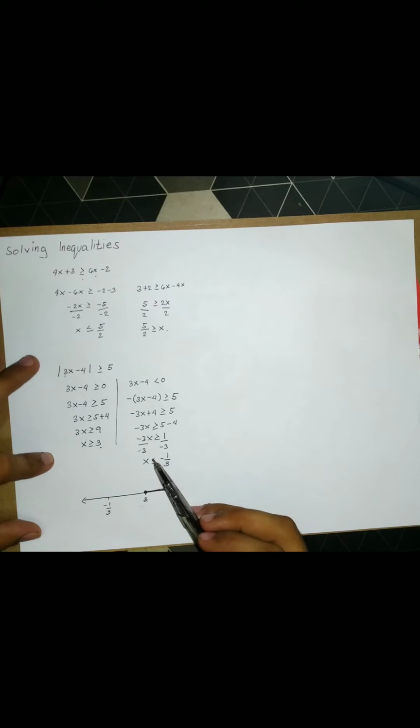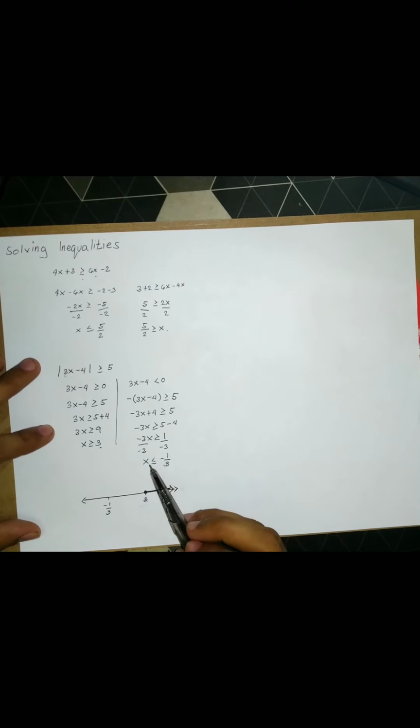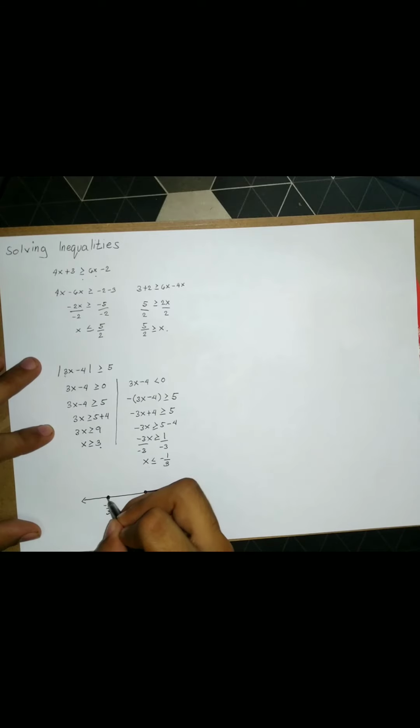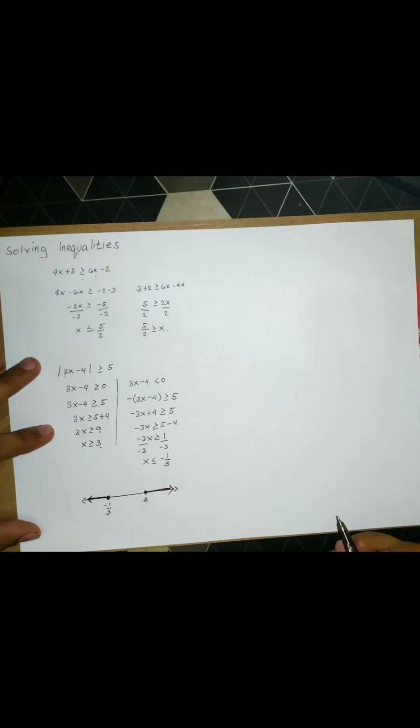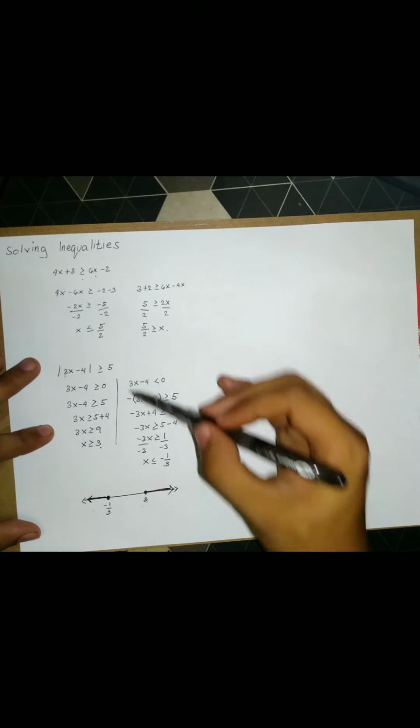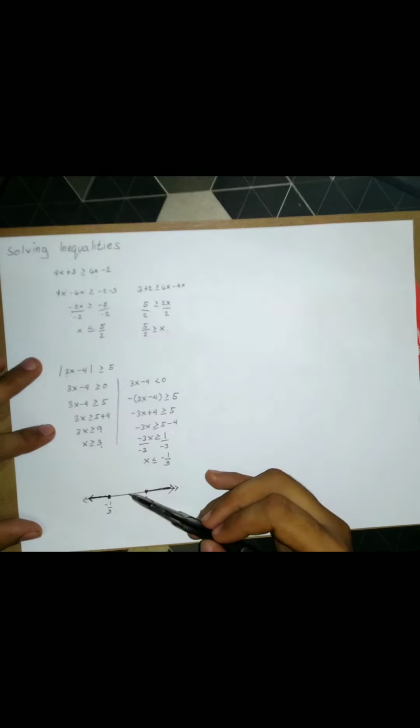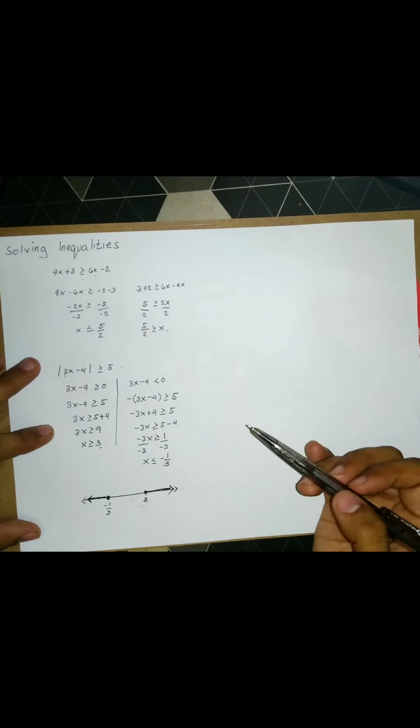It also says that for this to be true, x should also be less than or equal to negative 1/3. So from there, it goes there. Alright? So all numbers greater than or equal to 3 and all numbers less than or equal to negative 1/3 would make this statement true. Anything in between will make it false.